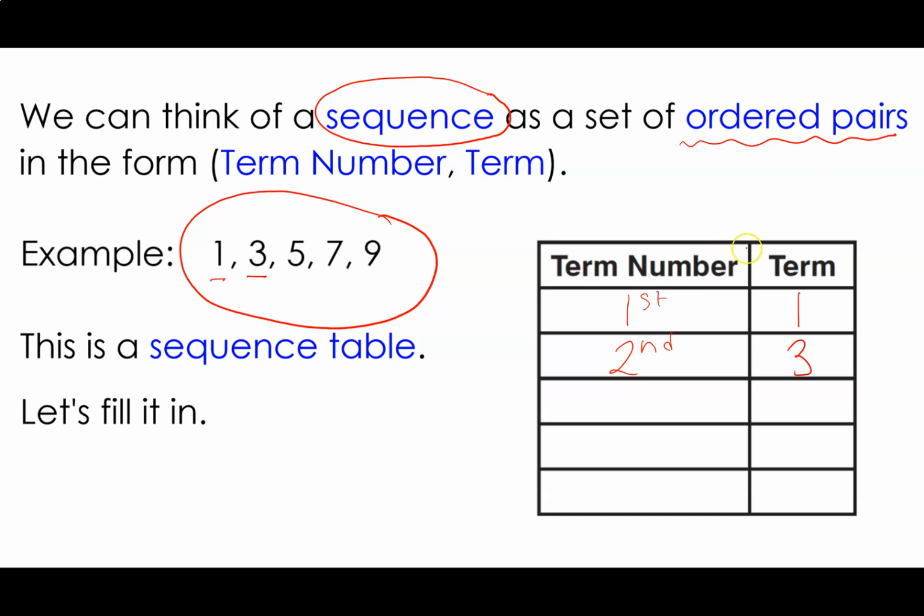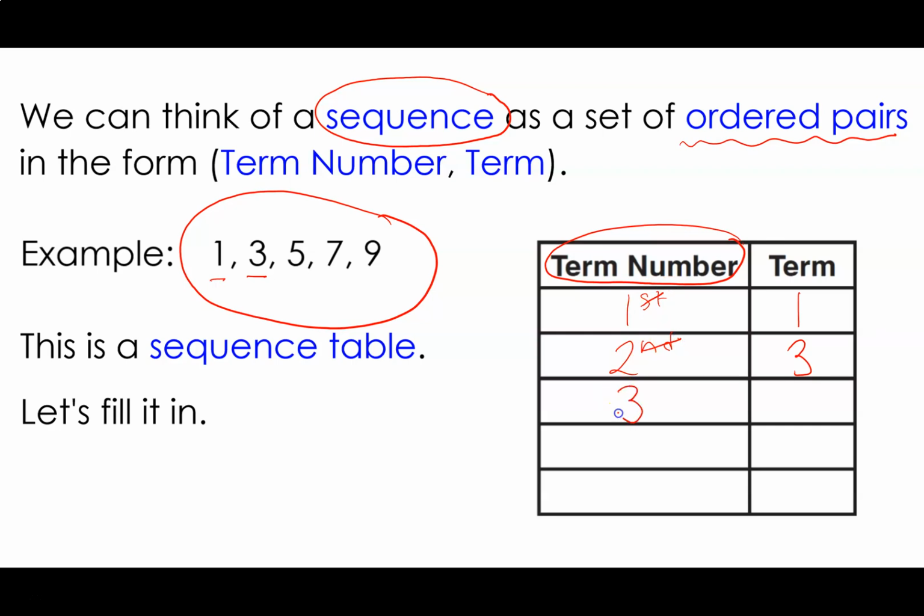Term number is a fancy way of saying which number are we talking about. You could think of it like a position in line. Are you first in line, second in line, or third in line? The term is the number itself. Normally we would omit the "second" and just say 1 or 2.